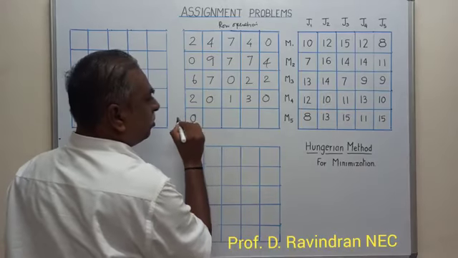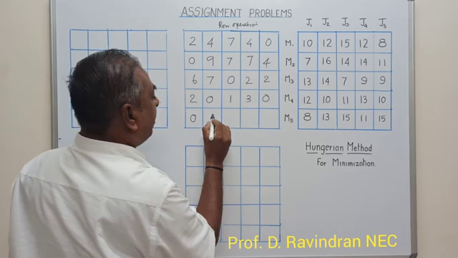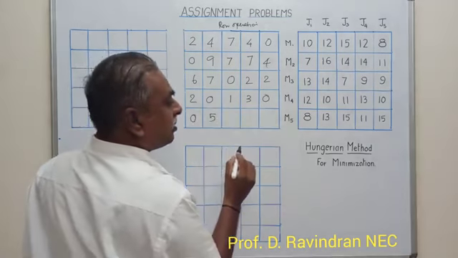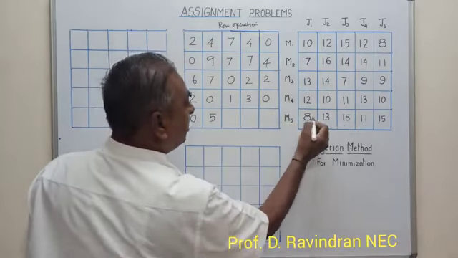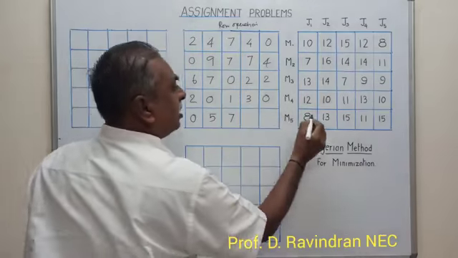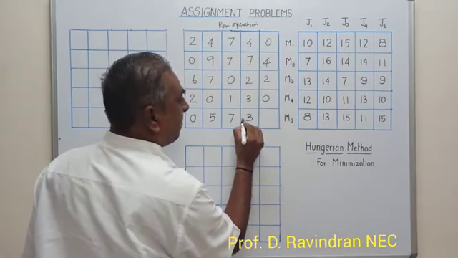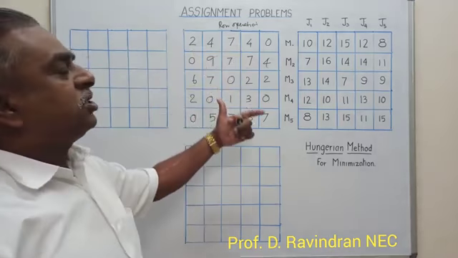So this will become 0, this is 5, then this one is 15 minus 8 is 7, here it is 3, here it is 7. Now the row wise operation is over.